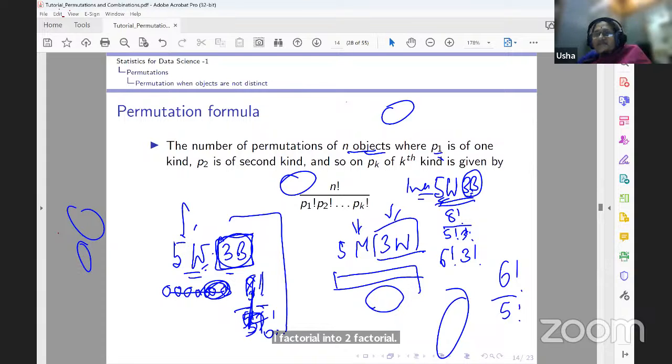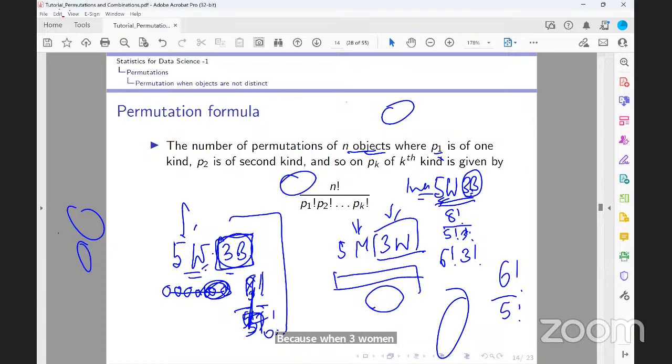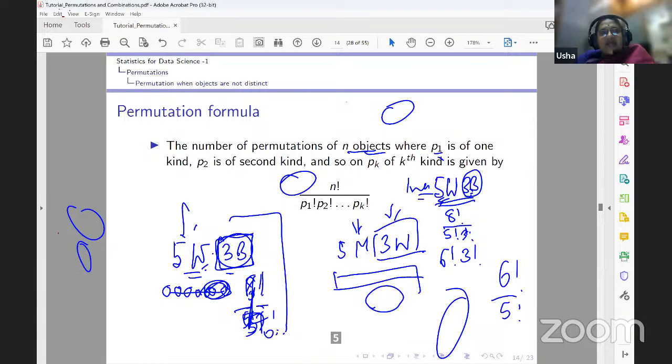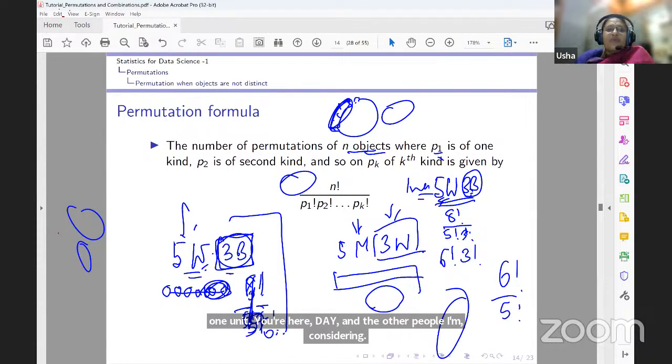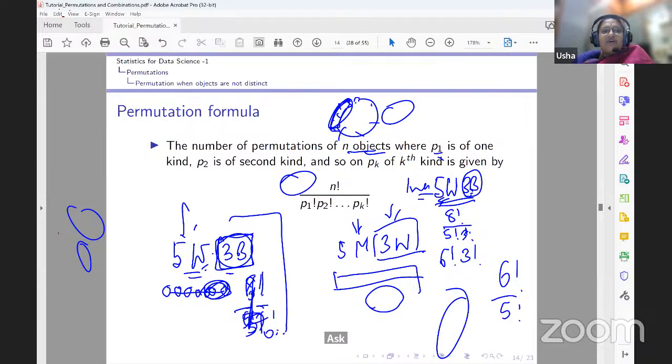Because, ma'am, the 3 women can also arrange among themselves. Yeah, among them, they can arrange themselves, right? I consider this as one unit. Here they can arrange themselves, and the other people I'm considering as the 5 men. So this would be 1, 2, 3, 4, 5, 6 units. So 5 factorial into 3 factorial.